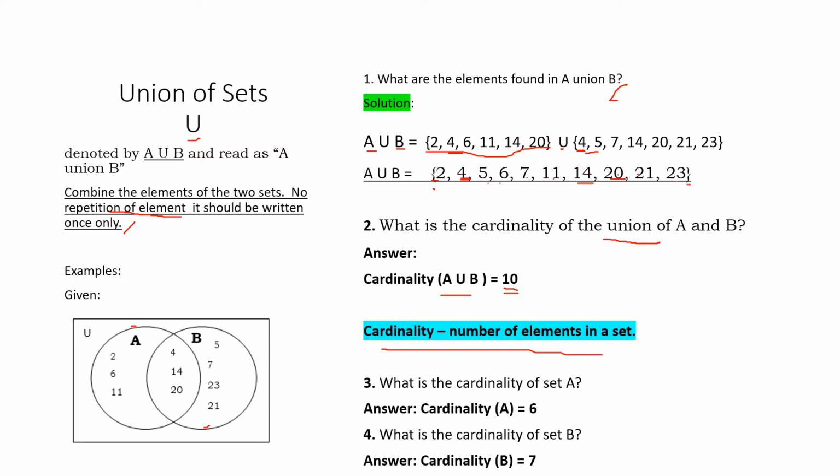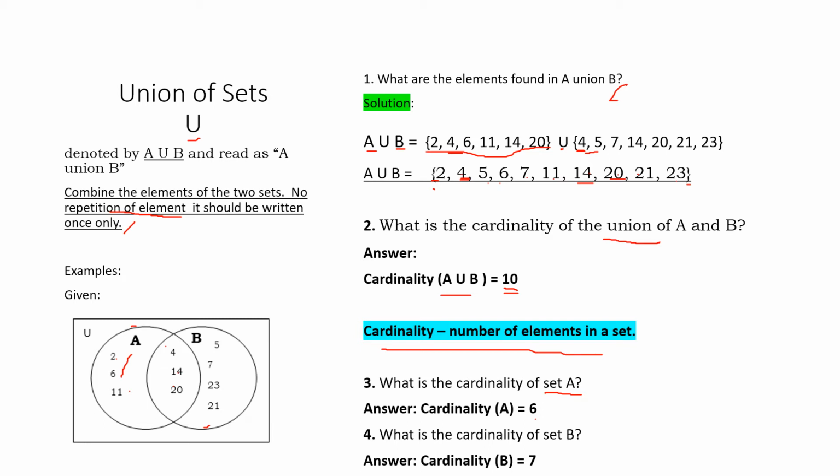Let us have another example. Number 3. What is the cardinality of set A? Go to set A, this one, here inside the circle. You are just going to count how many numbers are there inside the circle. So we have 1, 2, 3, 4, 5, 6. So the cardinality of set A is 6.